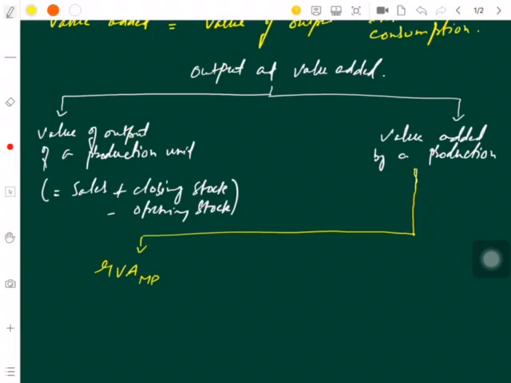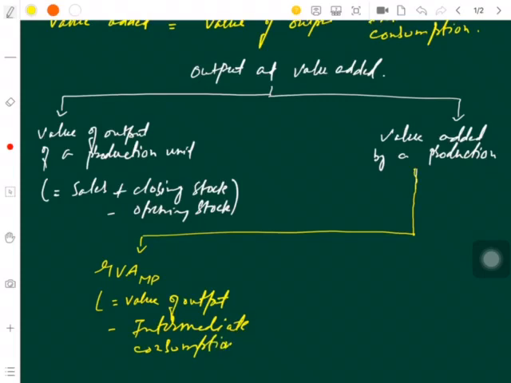You know what this gross value added at market price is from the previous classes, which is equal to value of output minus intermediate consumption. Second thing is net value added at market price.